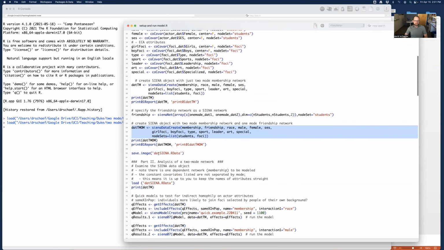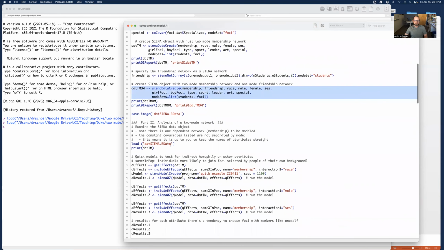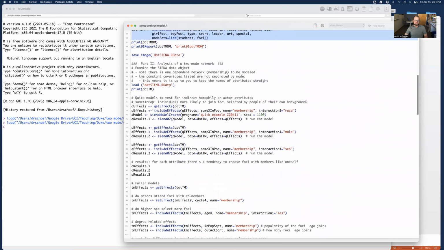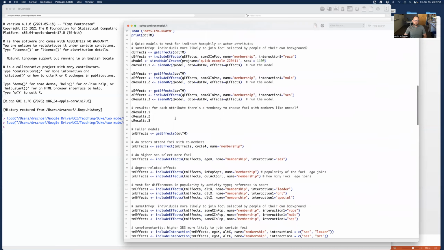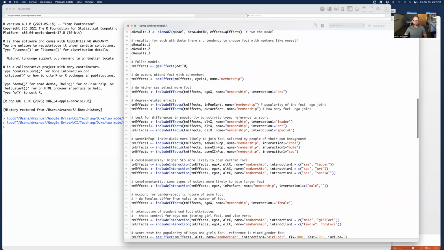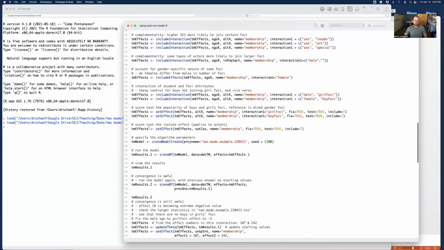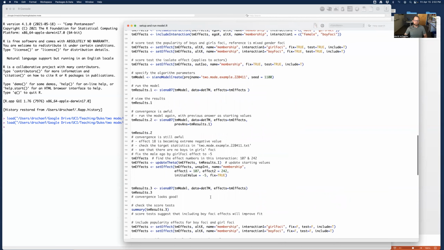Okay, we're saving that data set, and then in the second part, we are reading it in and setting up the quick models for the two-mode network that just look at indirect homophily. Then we set up a fuller set of models, and here we go through the different kinds of effects that we want to include in each of these, and then estimate a series of models.